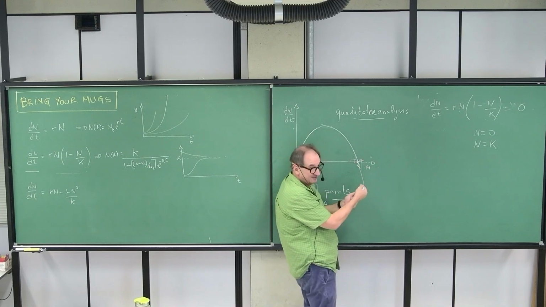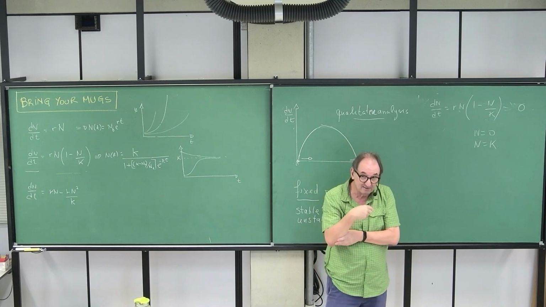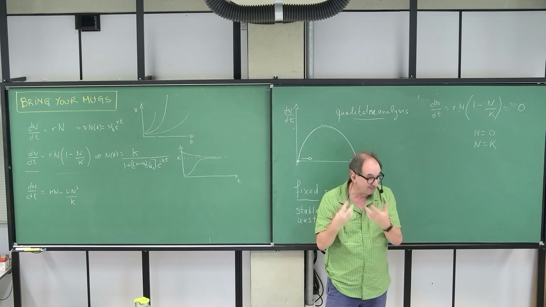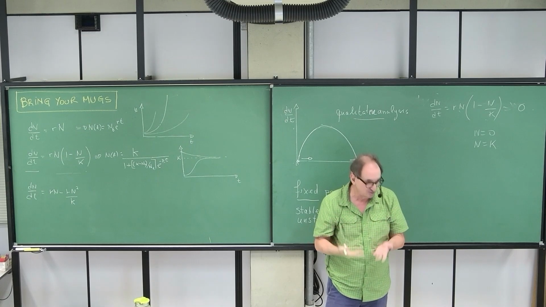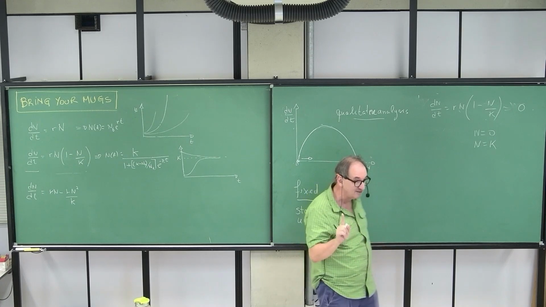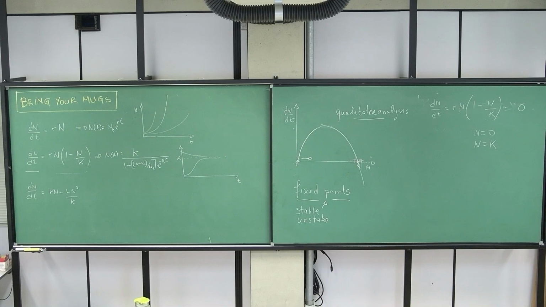It's 0, so it cannot cross. In more complicated dynamics, not single species but multiple species, there is something called overshooting. But overshooting is not present in this kind of model, with a single species. Okay, I didn't notice.